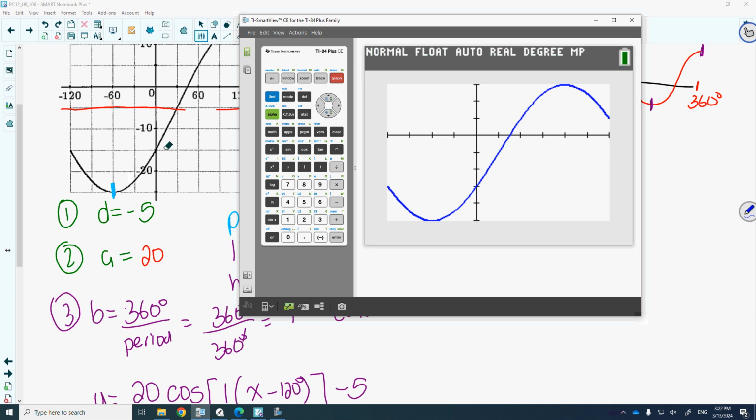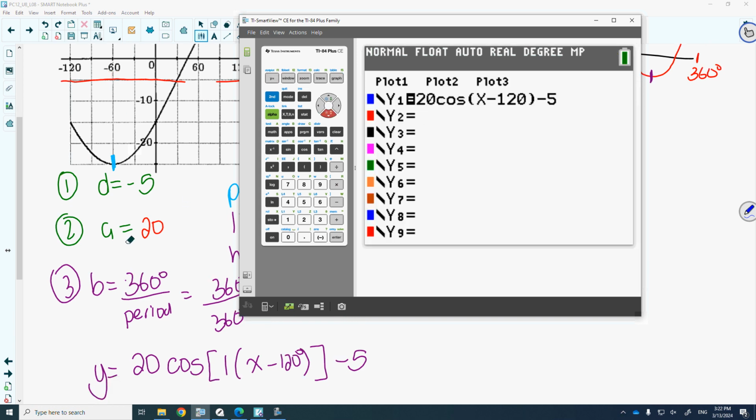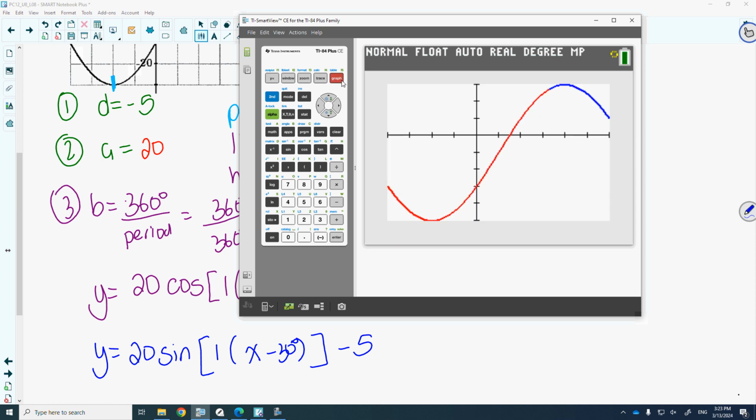It looks to match up, but let's check by punching in the sine equation. 20 sine x minus 30 degrees, minus 5. And you get the exact same graph.